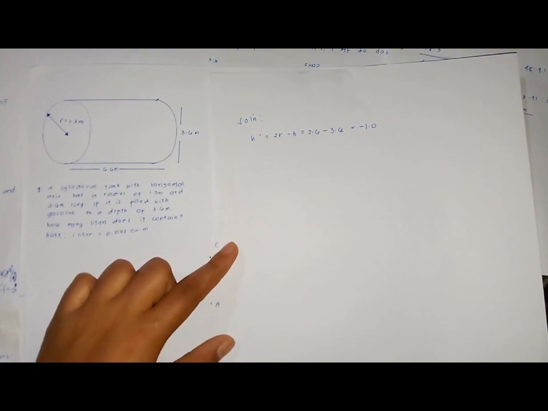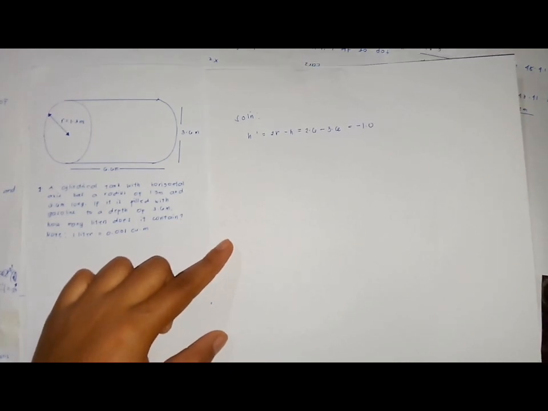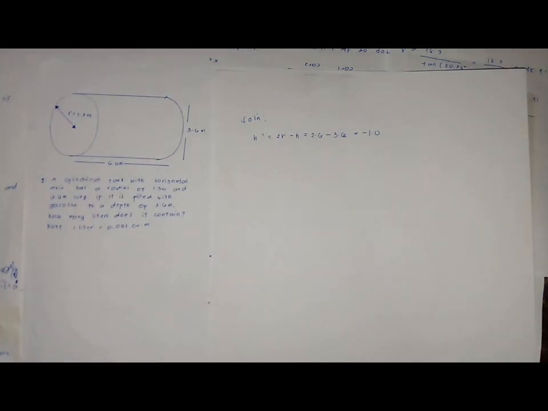So, to solve for a depth or height greater than the center or the radius, we can compute the volume of the empty segment above the liquid, as if the tank is not full, and subtract it from the volume of the cylinder.